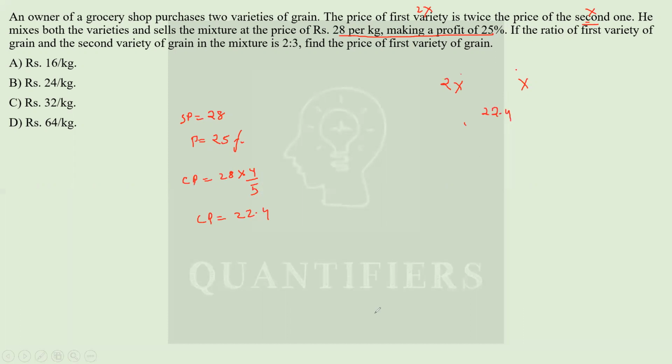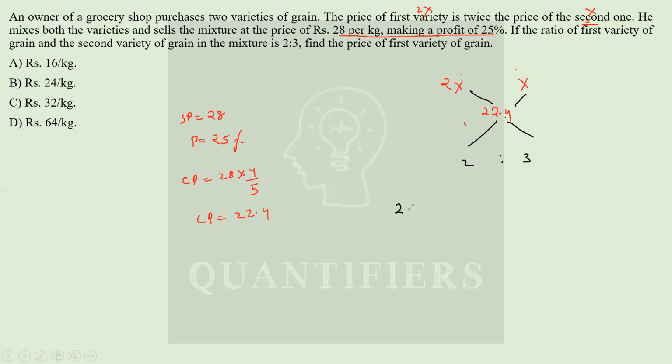And further, they have also given the ratio. The first variety and the second variety, the ratio is given 2:3. Okay, so I hope all of you know that 22.4 will obviously lie between 2x and x. 2x has to be greater than 22.4.